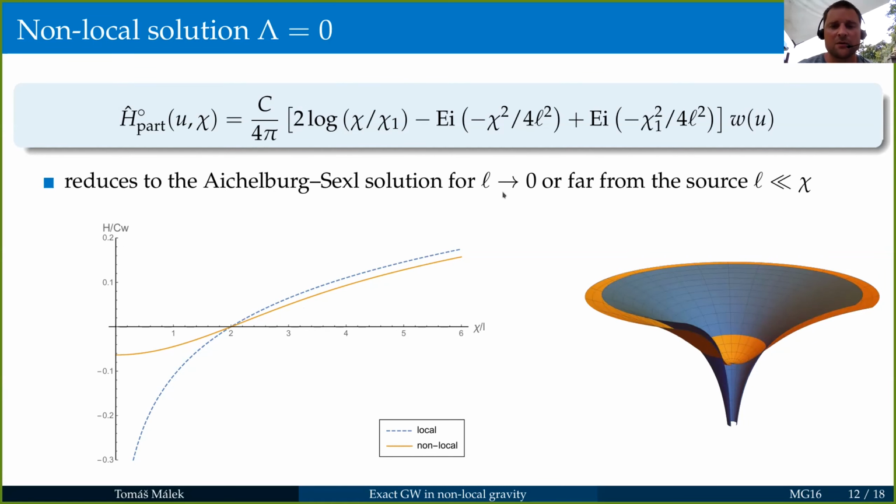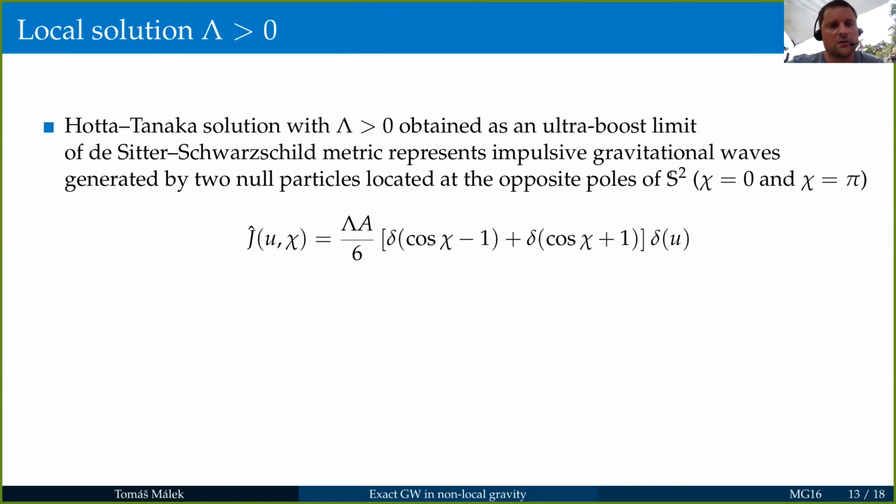And if the parameter of non-locality goes to 0, or if we are far from the source, which means that L is much less than the distance, we recover the Aichelburg-Sexl solution of GR. So the limit exists. Okay, this is the case with vanishing cosmological constant.